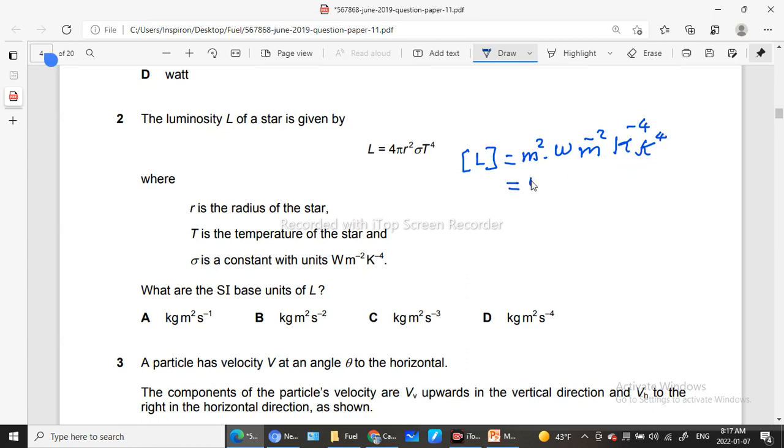So it equals watt, and the watt equals joule per second.